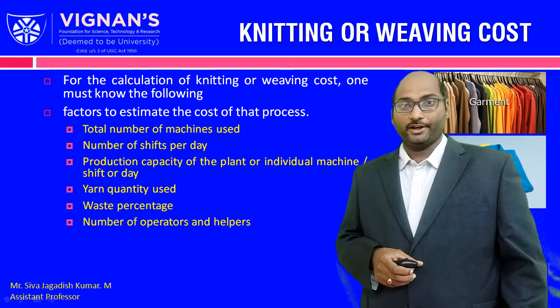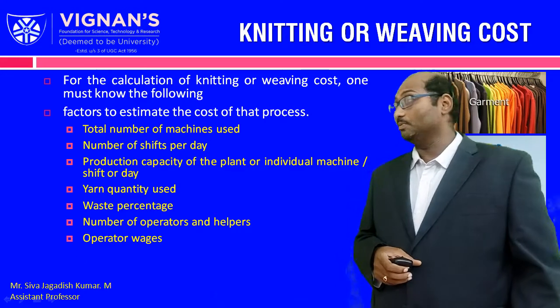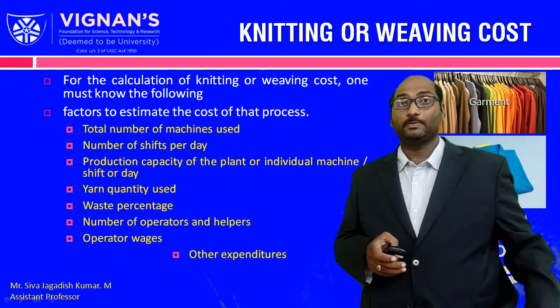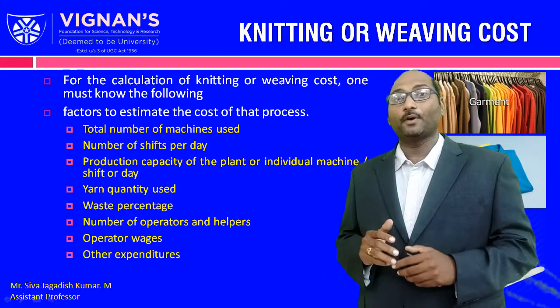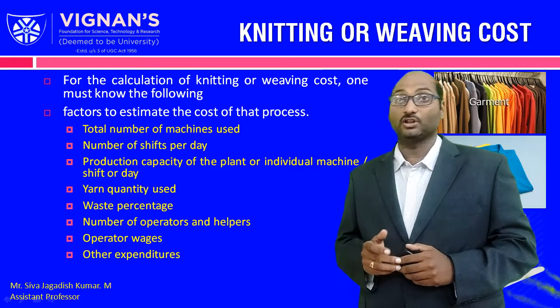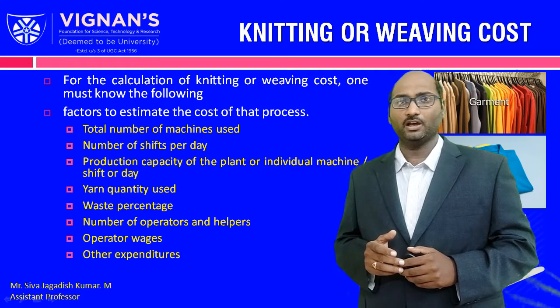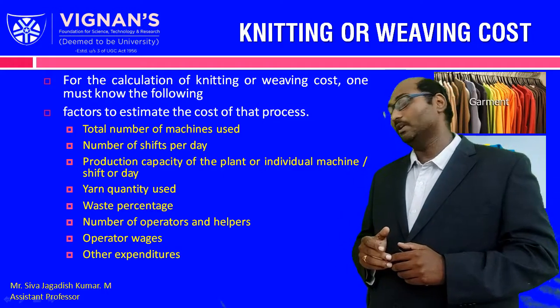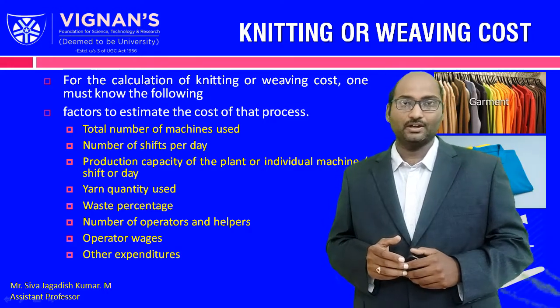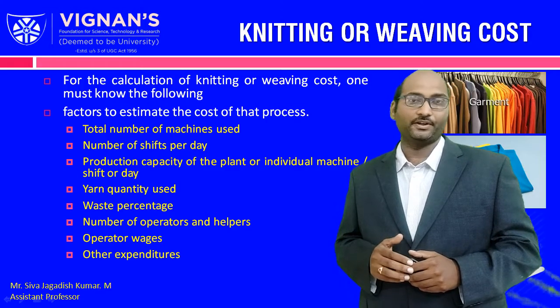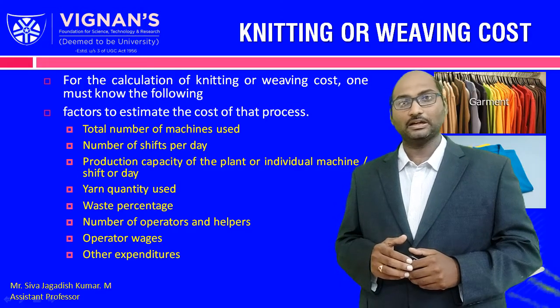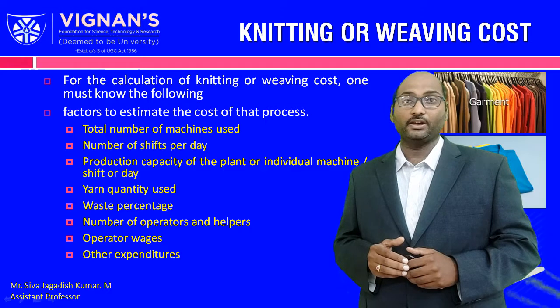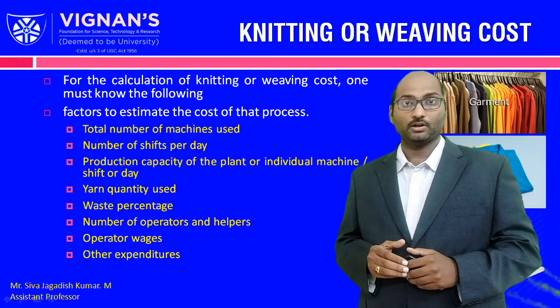What is the yarn quality being used? What is the waste percentage? And the number of operators and helpers, which again depends upon what kind of technology you are using. Apart from that, the operator wages and all other expenditures like overheads. All these things come under the calculation of a process cost.